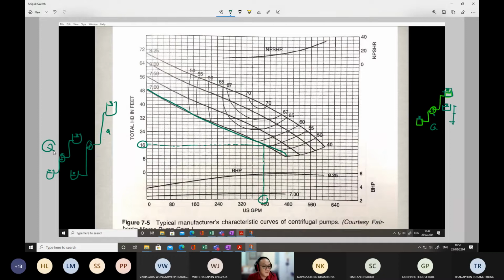This is the capacity of the pumps. It will always work like this, especially for the centrifugal pumps. So if you need large flow rates, the water level difference shouldn't be too large. But if you want to pump from a very low elevation to a very high elevation, you will get only small flow rates.